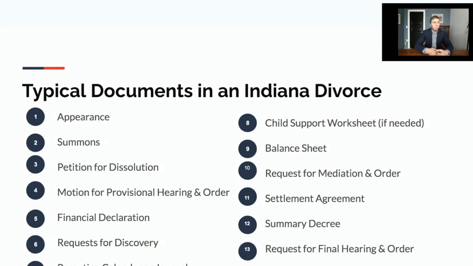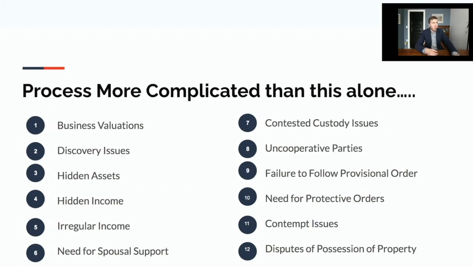It's also important to note, though, that what we just went over is just a very simple overview. This would be for a simple kind of divorce. The process can be a lot more complicated than what I just showed you. There can be things like business valuations where you may need to get an expert involved to value a business.